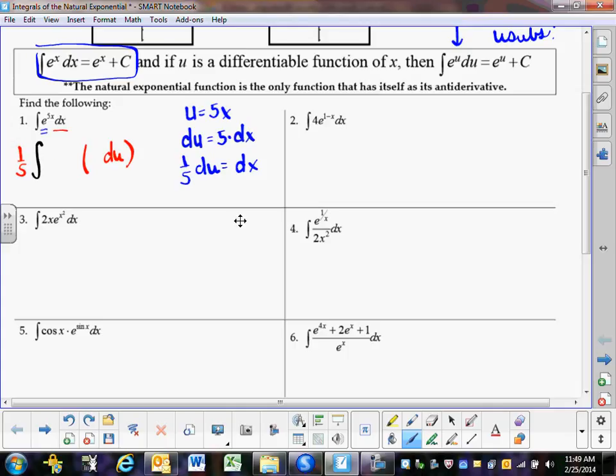And e to the 5x is replaced by e to the u. So when I antiderive, I get 1/5 e to the u plus c, which is 1/5 e to the 5x plus c.